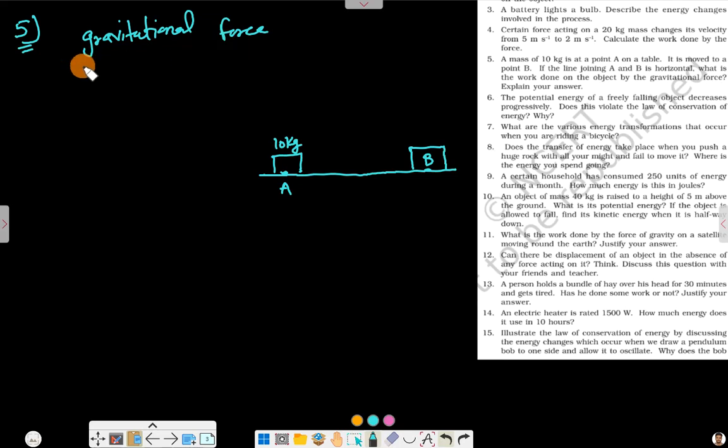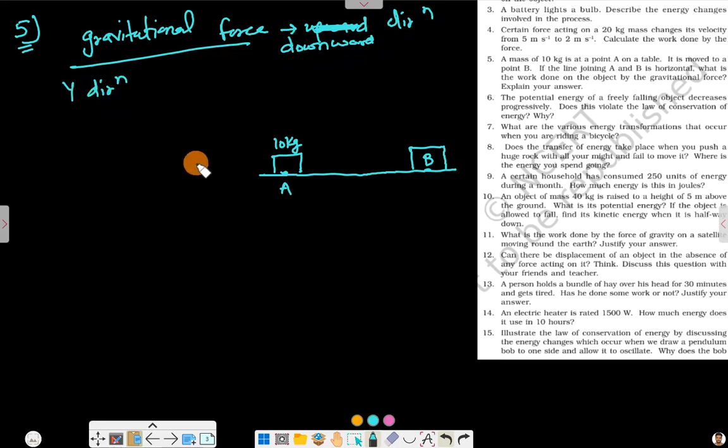Gravitational force acts in the downward direction, or we can say in the y direction. So gravitational force acts like this.